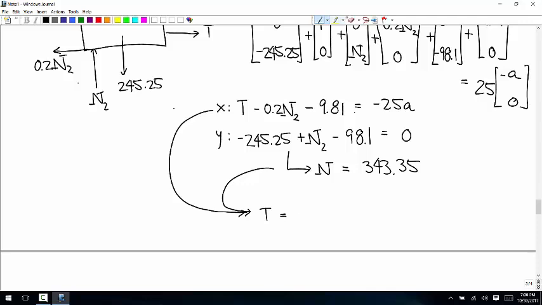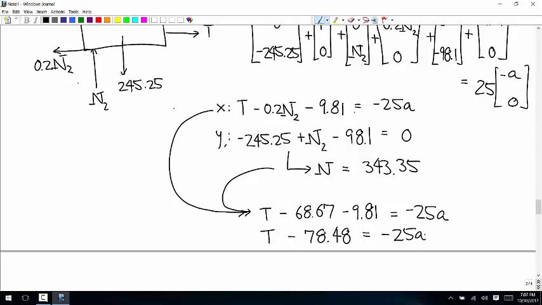Okay, so T minus 68.67 minus 9.81 is equal to negative 25a. So T minus 78.48 is equal to negative 25a. And that's our second equation for the same two variables.